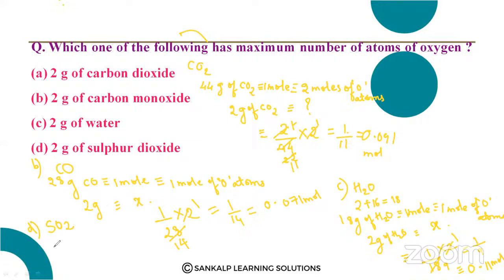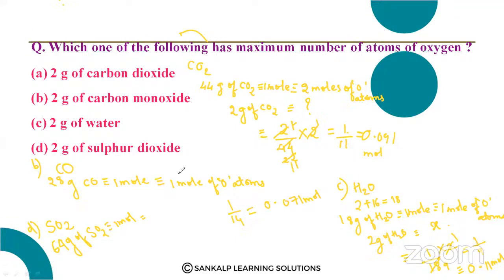So 64 grams of SO2 is 1 mole. How many oxygen atoms does it have? There are 2 oxygen atoms, right?